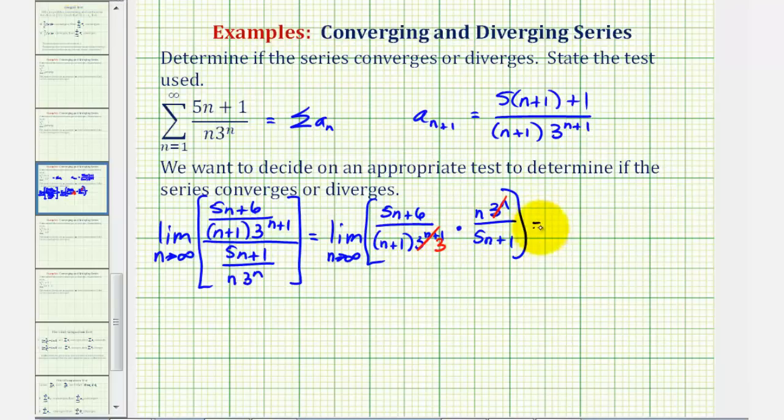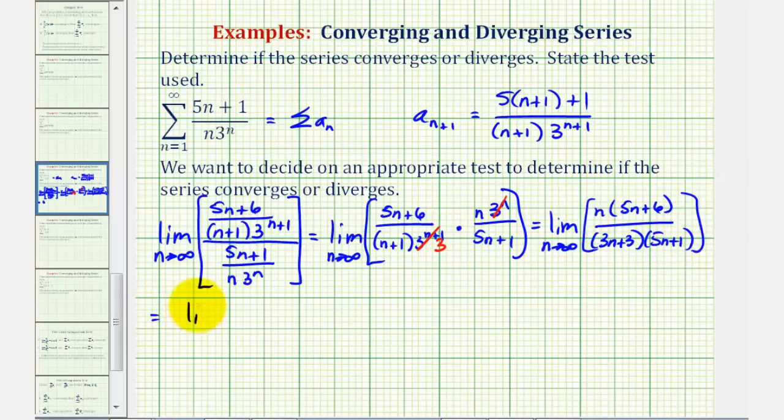So now we have the limit as n approaches infinity of, in the numerator, n times 5n plus 6, and the denominator would be, well, 3 times n plus 1 is 3n plus 3, so we'd have 3n plus 3 times 5n plus 1. Let's go ahead and multiply this out. This is equal to the limit as n approaches infinity.